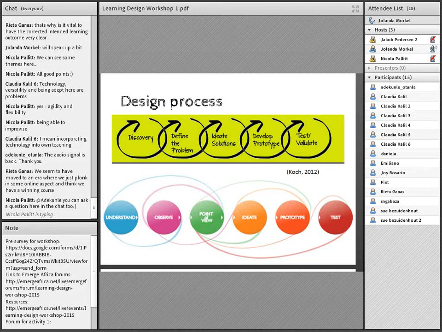There are loads of templates and processes and models that can be used in design, through instructional design and beyond in other disciplines of design. And they basically start with discovery, defining a problem, ideation, developing, testing, validating, and then implementing.